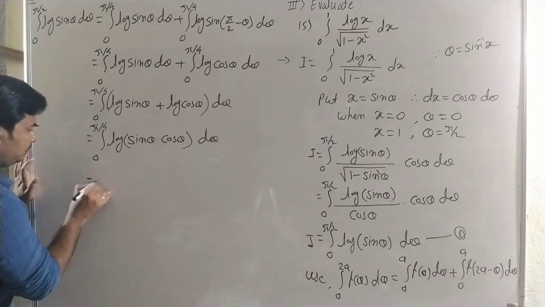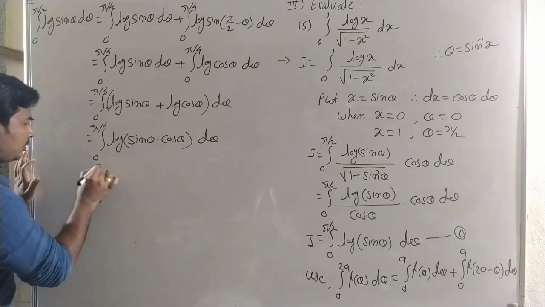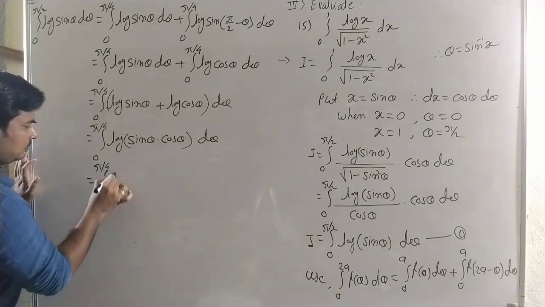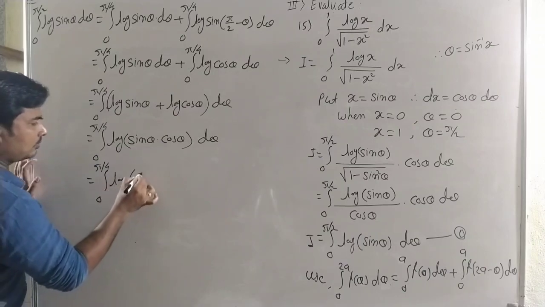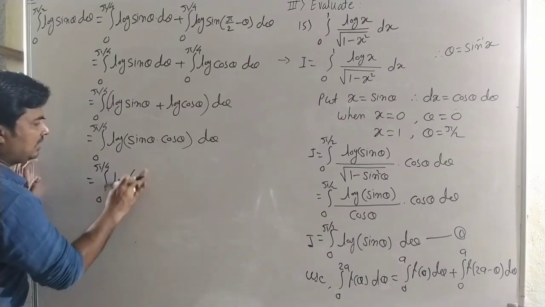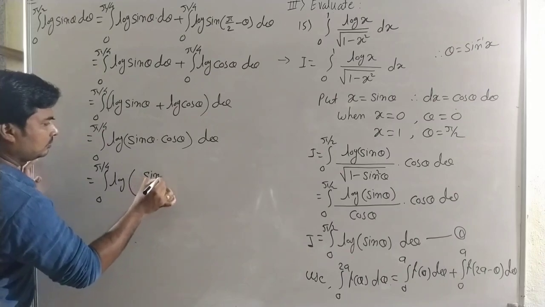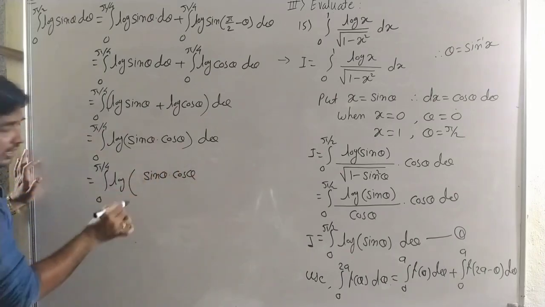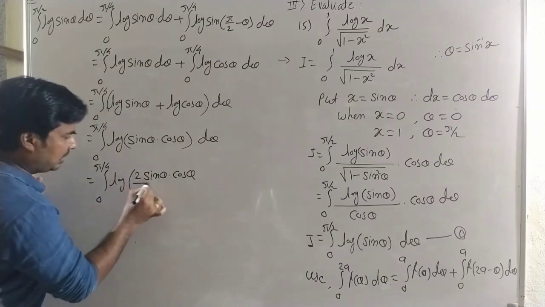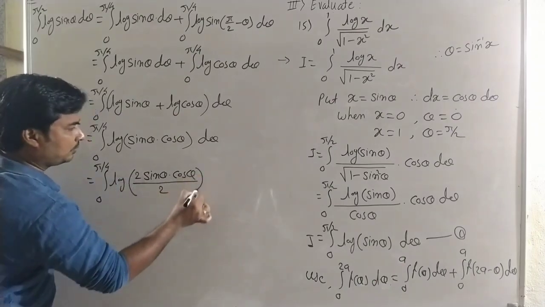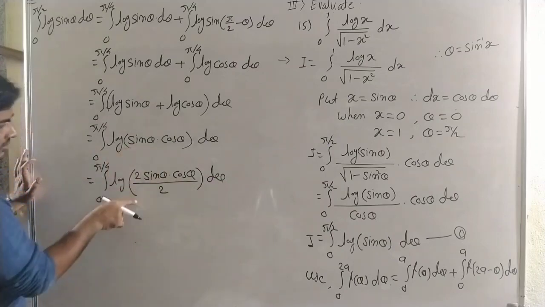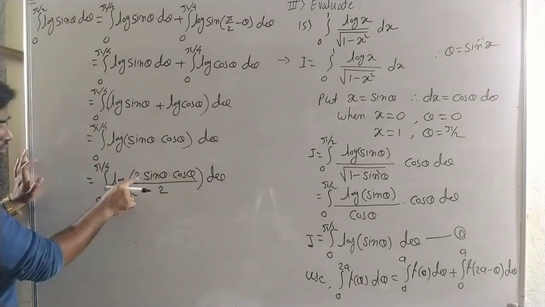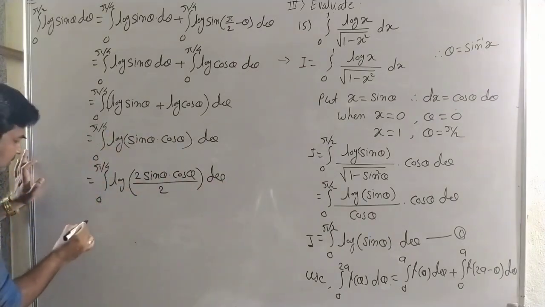See carefully, integral 0 to pi by 4 log of sin theta into cos theta. We multiply numerator and denominator by 2, so 2 sin theta cos theta is sin 2 theta.